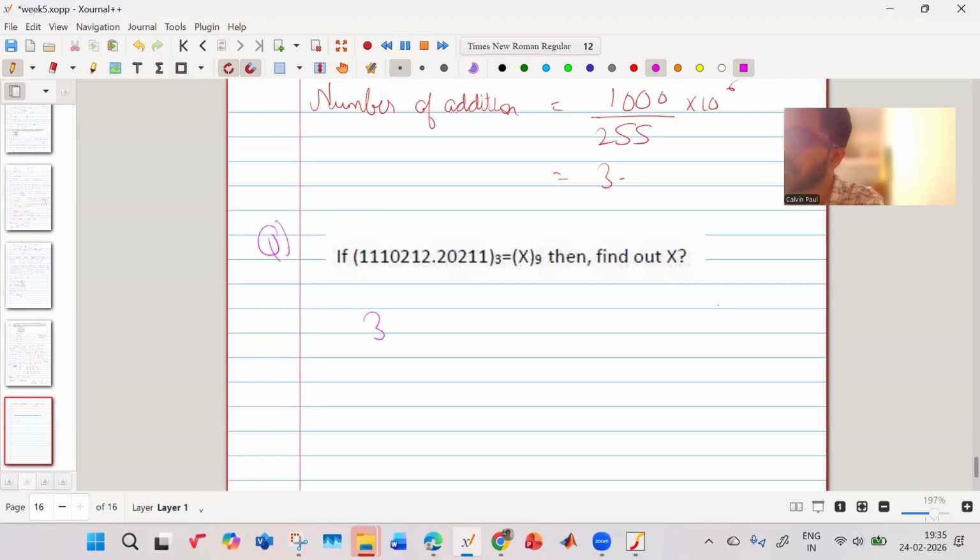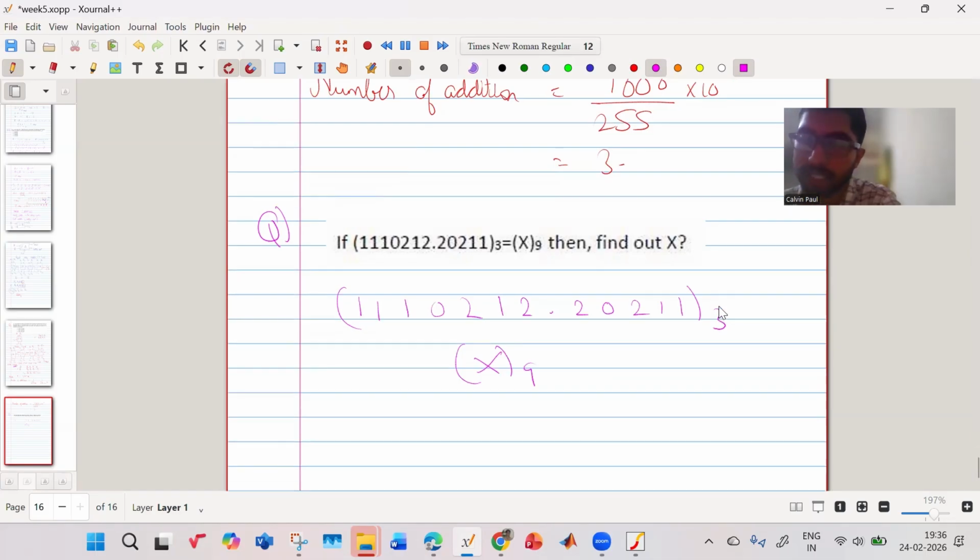So if it is a number system of 3, this value is 1110212.20211. This is the value. Now you have to convert it. How do you have to convert from this 3 to 9? You have to get it to 9.